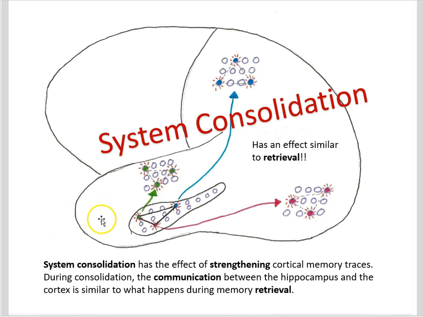However, system consolidation has the effect of strengthening the cortical memory traces. And during consolidation, the communication between the hippocampus and the cortex is similar to what happens during memory retrieval.